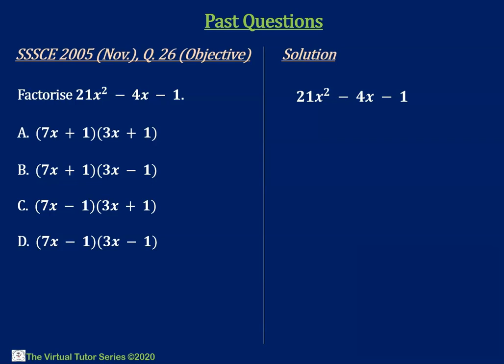So the expression now becomes 21x squared minus 7x plus 3x minus 1. Now, let's put the first two and last two terms in brackets and factorize each group separately.